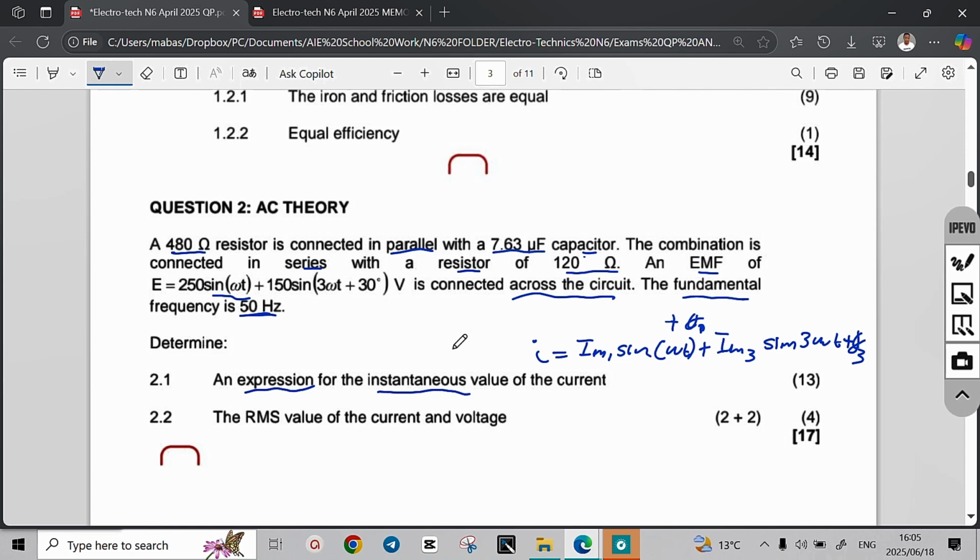I forgot to put it here. So this is the kind of approach you are going to take. But now let's go and answer the question.